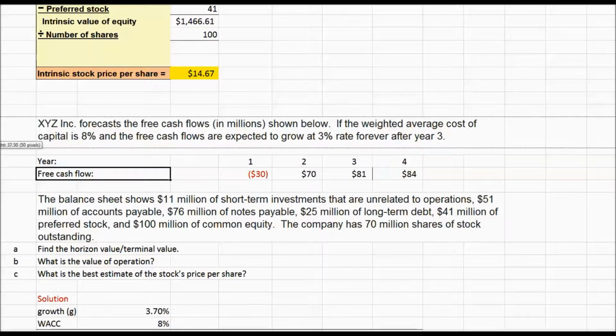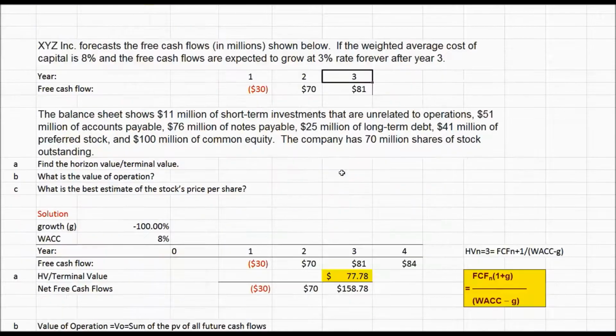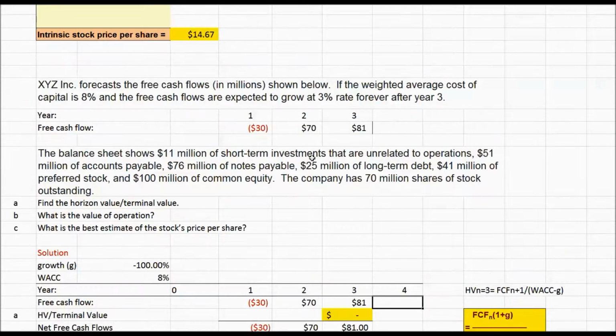If you have that information, this information will not be given. So now this is the problem, and you will not have this information. Let me solve this problem now. The only difference here is that I made this question straight.